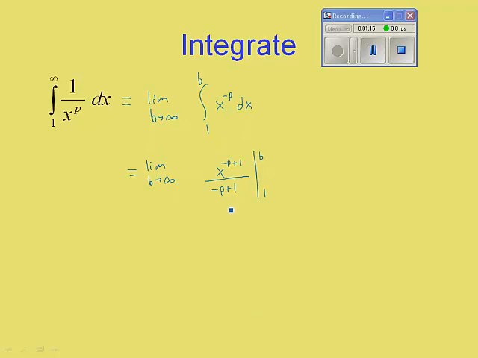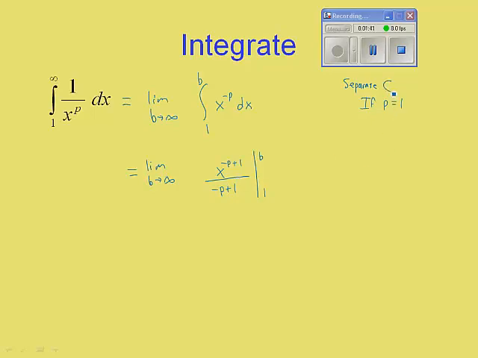Are you sure? P is a number. See, there's this thing you got to watch. What if p equals 1? That's a separate case. Why? Because then you can't have 0 in the denominator, right? We didn't do p equals 1 yet, but we could do it separately, right?